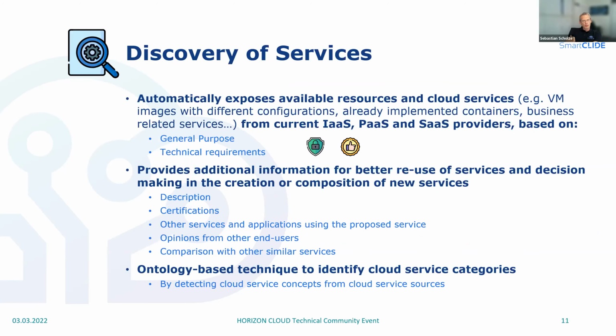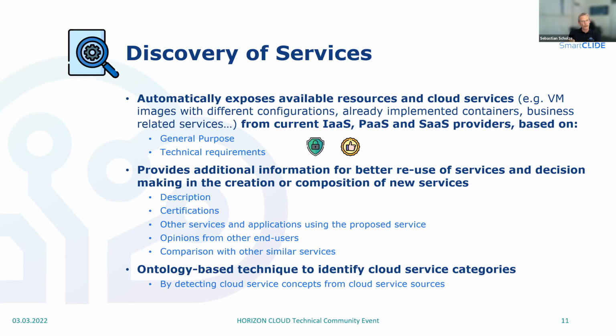If we go a little bit more into detail about discovery of services, the idea is to automatically expose available resources and cloud services from already existing providers, for example, infrastructure as a service provider, software as a service. And the idea is to classify them based on their general purpose, but also on the technical requirements.